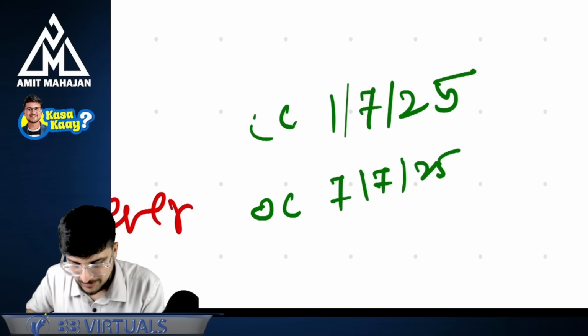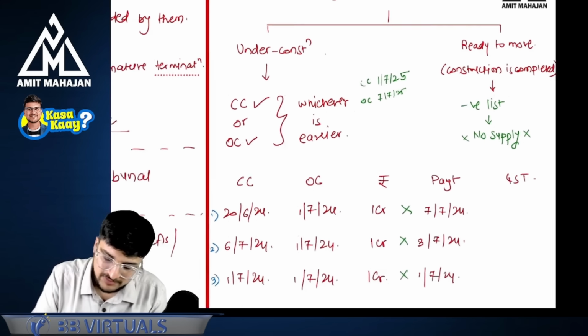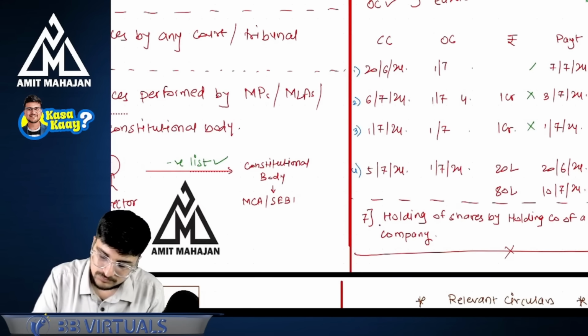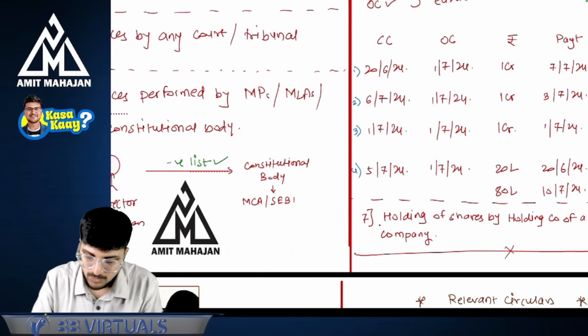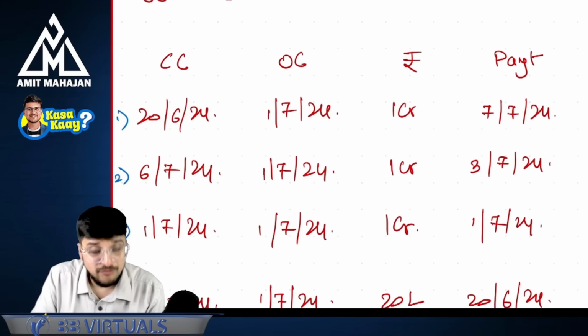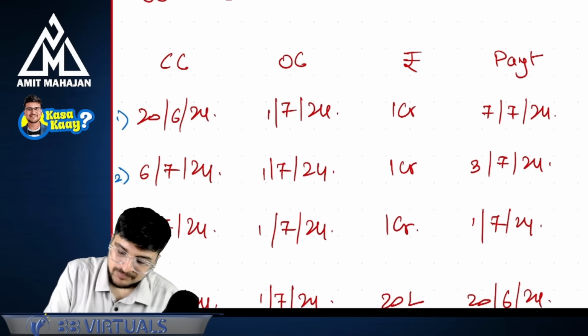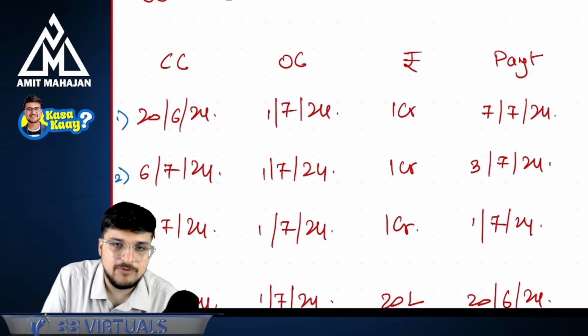Understanding? Okay. Let's take an example and try to find out whether you have understood the concept or not. You have to first freeze the date. Now CC is given, OC is given. Whatever amount is paid, that is 1 crore, and payment made is on 7/7/24.